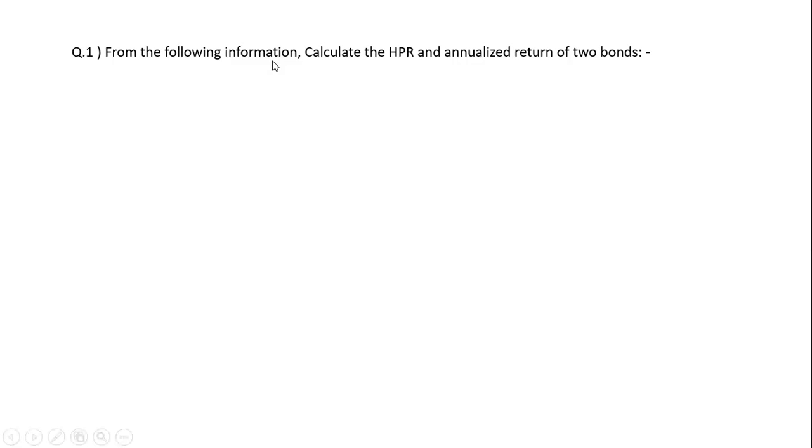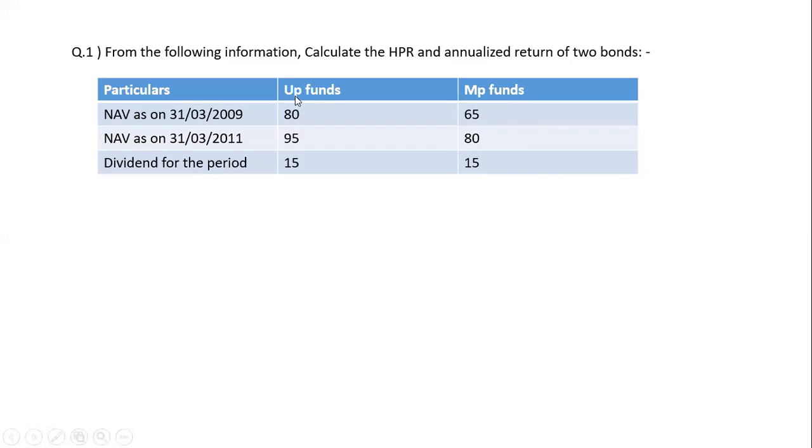Now, in this question, you will find two funds, UP funds and MP funds. This is a mutual fund, and NAV as on 31st of March 2009 is 80, and NAV of MP funds is 65.